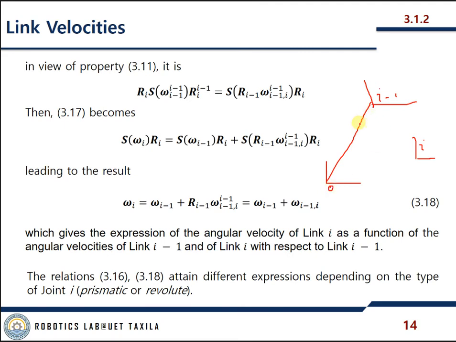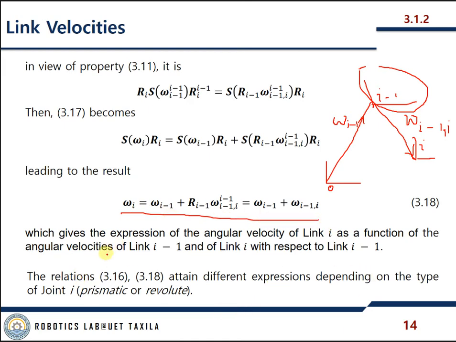So we are seeing this omega I minus 1, and then we are seeing this omega I minus 1 comma I. We are seeing the angular velocity of this frame from this frame, and we cannot directly see it, so we are experiencing it through the information this frame is providing us. So that's what this equation means.